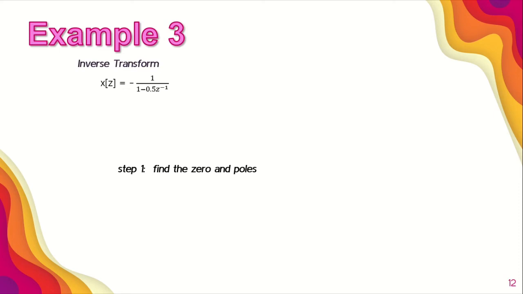So from X(z) equal to negative 1 over 1 minus 0.5 z to the power of negative 1, firstly, by using step number 1, find the zeros and poles according to this X(z) signal. We will see that this is just a simple equation, not complicated, so we will easily get x[n] directly by using step number 1 first.